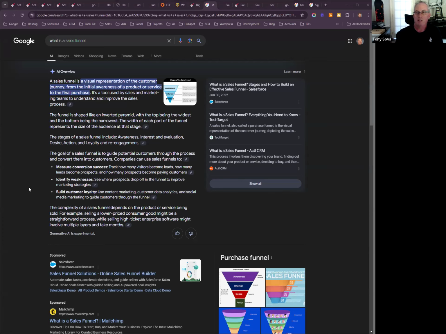It's a tool used by sales and marketing teams to understand and improve the sales process. So at least we had the right idea, and Gemini basically confirmed that. That's good to know, being out here trying to figure this out and help people.